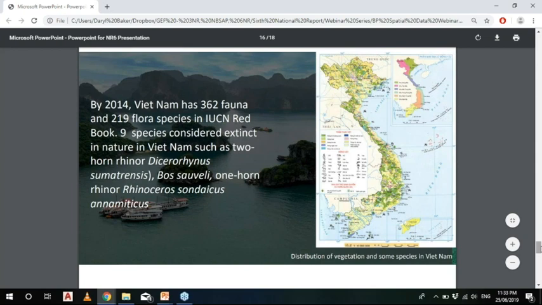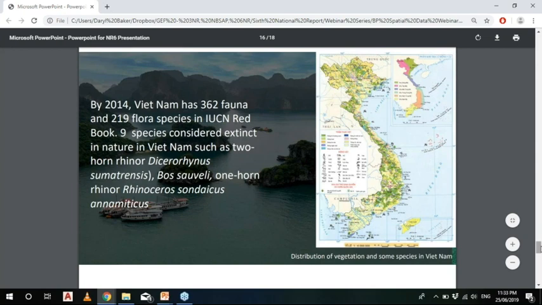Actually, I'm sorry, in this slide I forgot to include some information: the spatial data also helped to show that during 2014 and 2018 some new species were discovered in Vietnam.